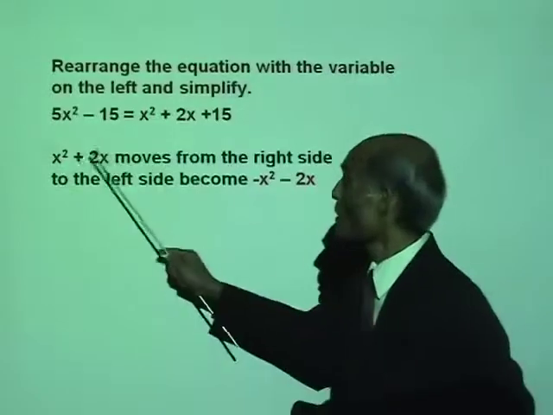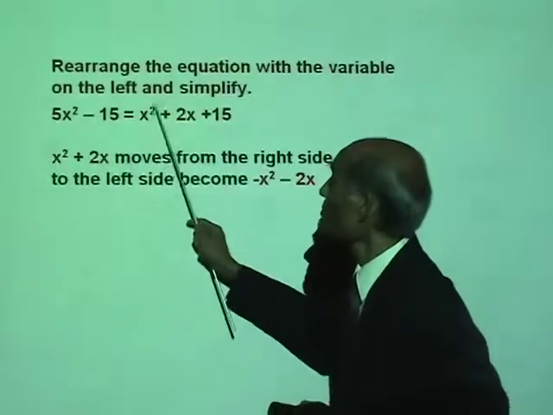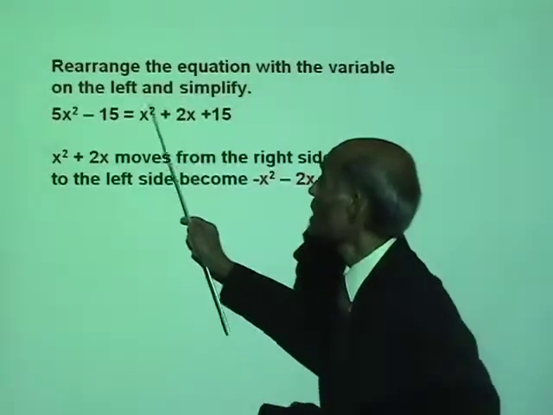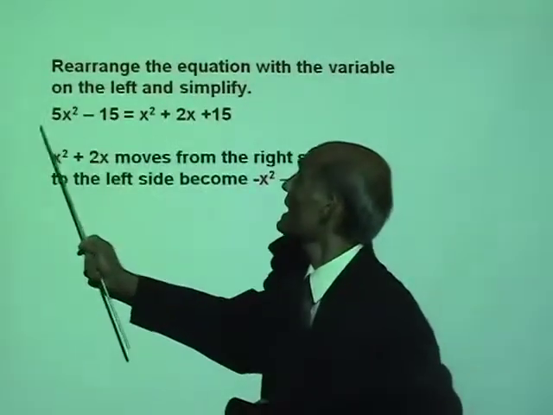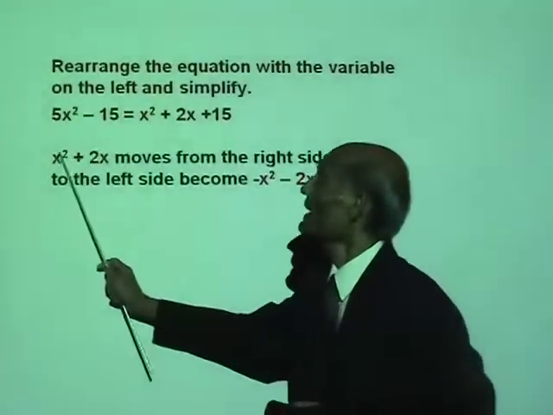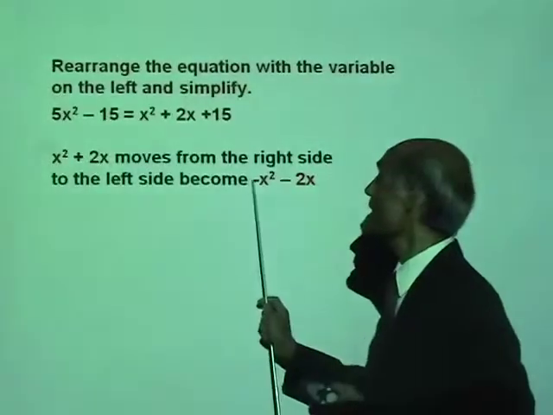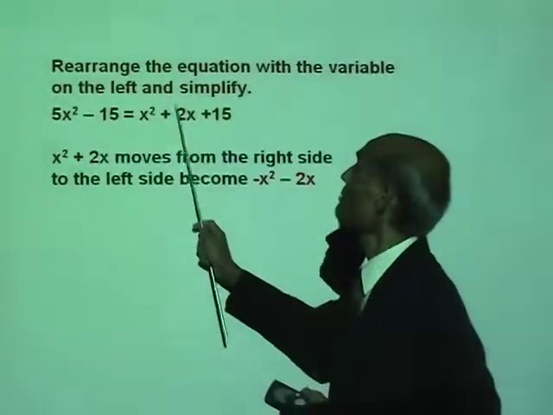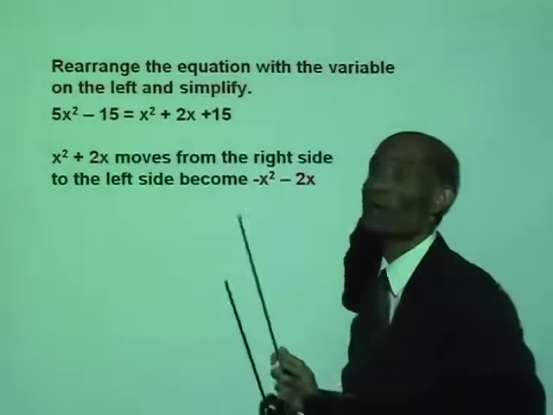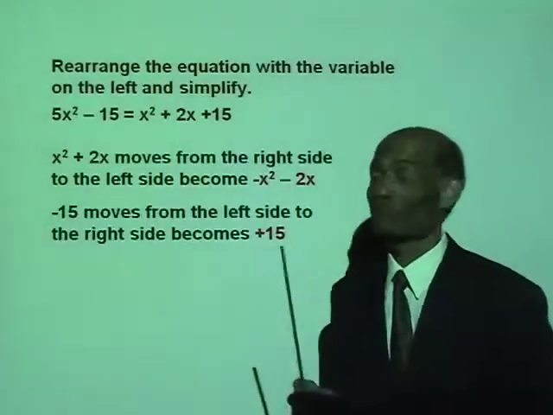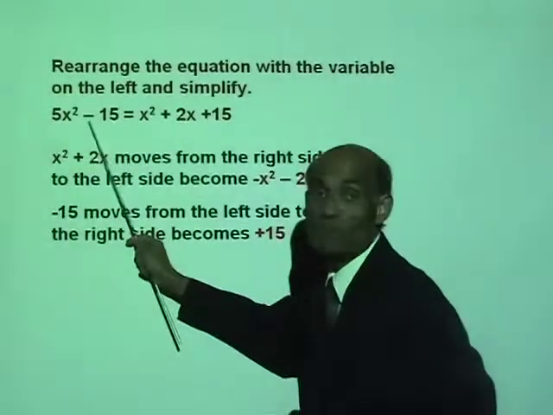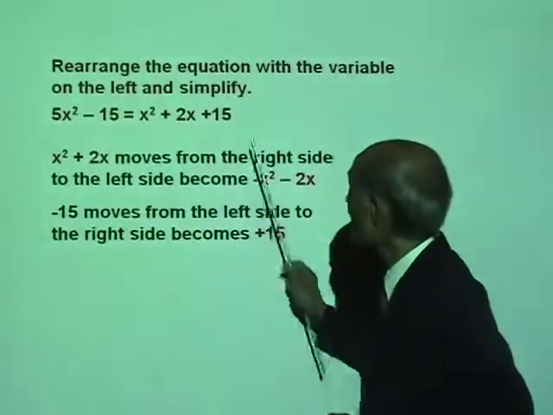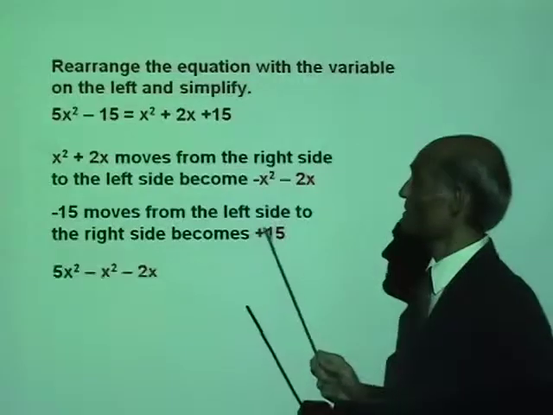Yes? So x squared plus 2x, these two terms will move from the right to the left, x squared will become negative x squared, and plus 2x will become negative 2x. And then negative 15 from the left will move to the right to become positive 15.